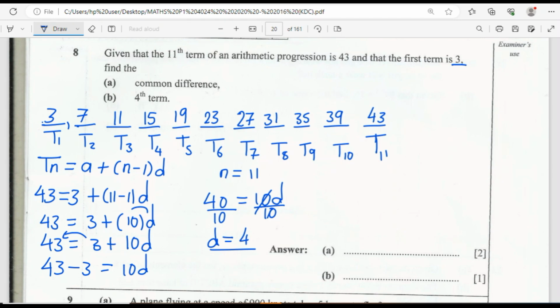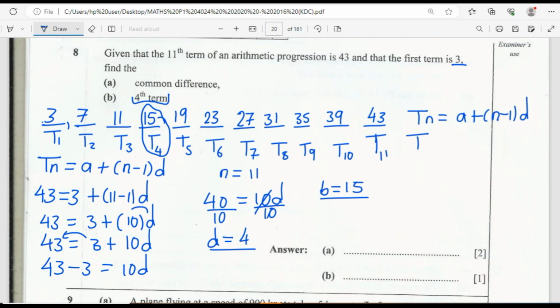Now, for B, we just want the fourth term. From this list of numbers, our fourth term is 15. Or if you want, we can find it using the formula. Our formula is Tn is equal to A plus n minus 1 times d. For the fourth term, where this n is, we put 4.